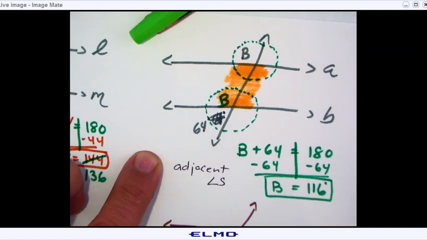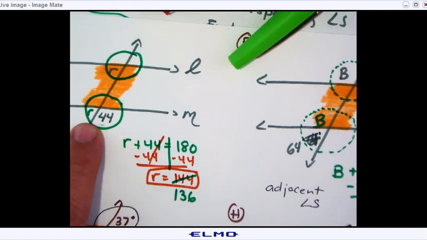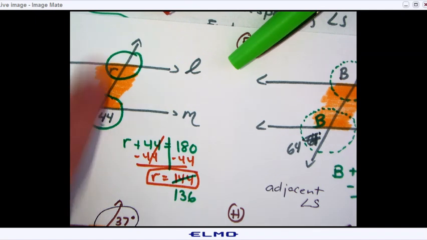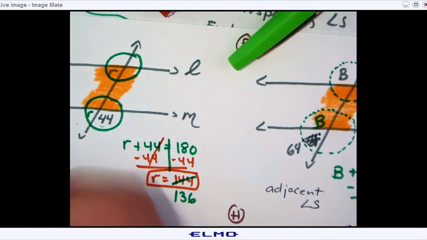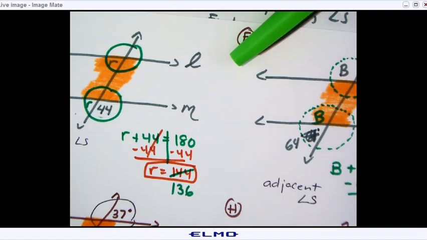Here, again, they're not alternate interior. They're also adjacent angles.